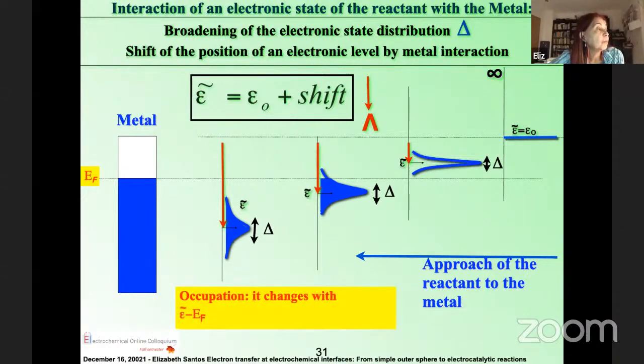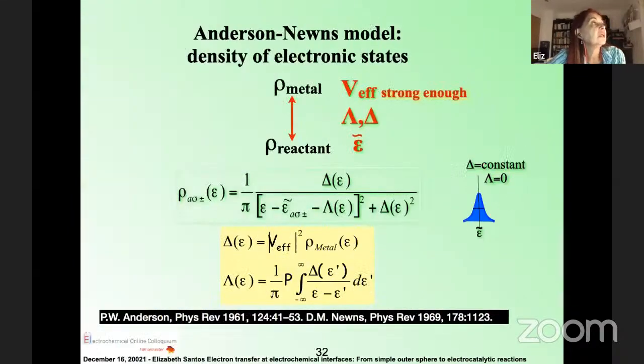That means the occupation will change. And then, how can we evaluate or estimate these chemisorption functions that are related to the interactions with the electronic states of the electrode?